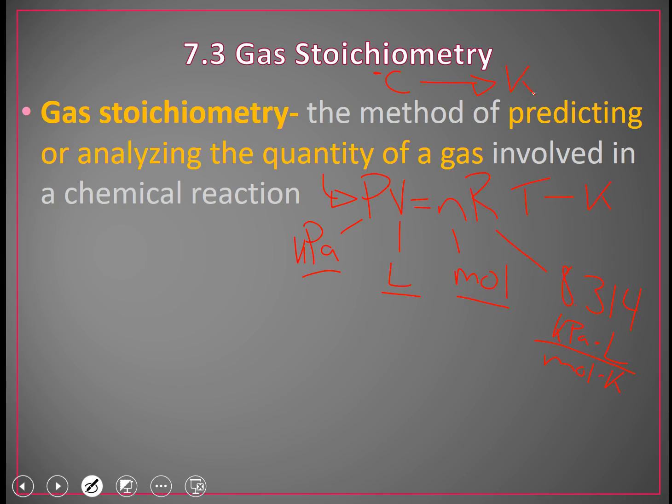What do I do? If I have 20 degrees Celsius, I add 273.15, so 293.15 Kelvin is 20 degrees Celsius. To work backwards, I would be subtracting that number.